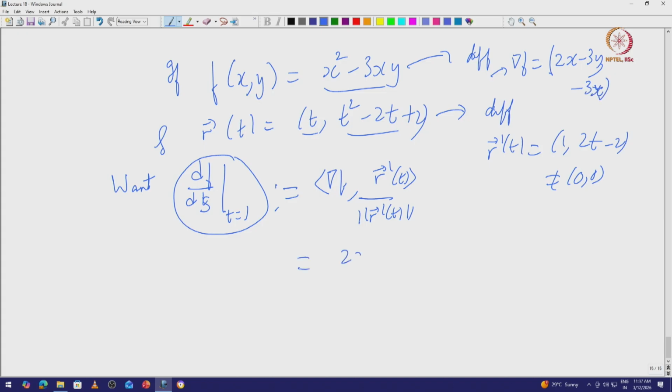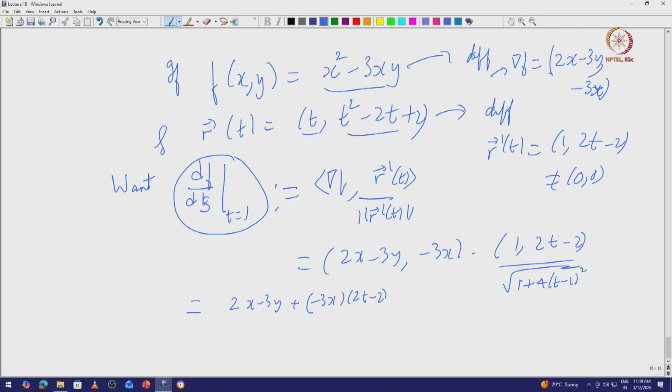So this is simply this vector dot the speed, if you will, 1 plus 4t minus 1 square, right? So it is 2x minus 3y plus minus 3x times 2t minus 2 divided by this.